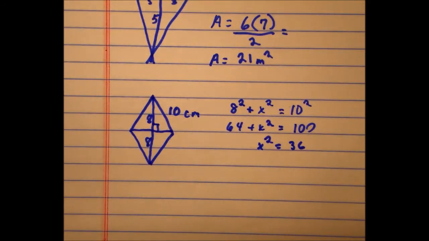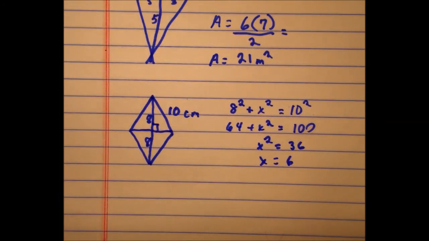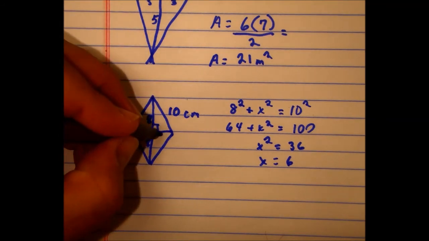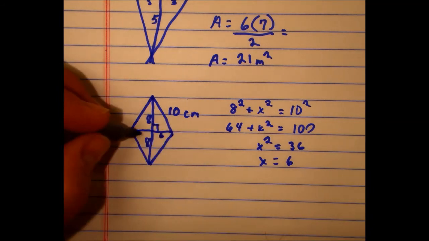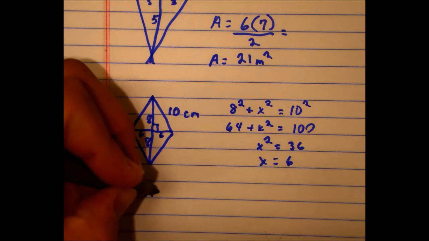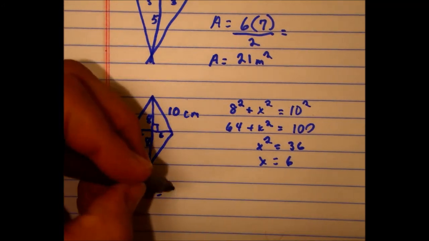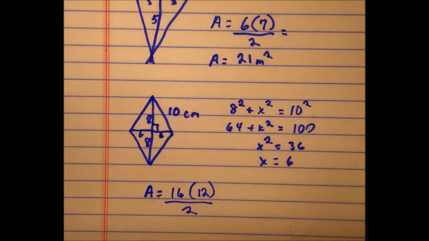And then I have to square root it. X equals 6. Okay, so now I have x of 6, which is this piece. But what is the diagonal? It's actually 12. And now I'd have to do the area formula. Okay, the area would be 16 times 12 divided by 2.